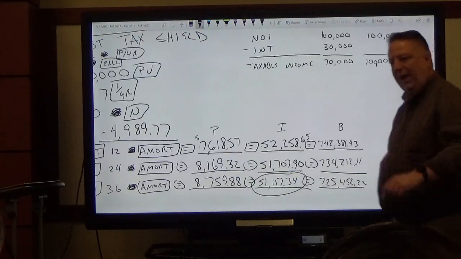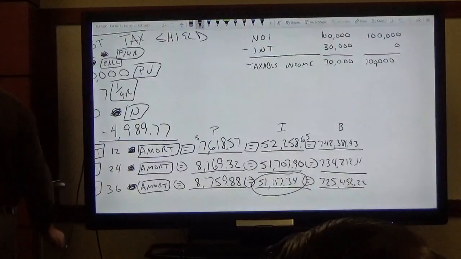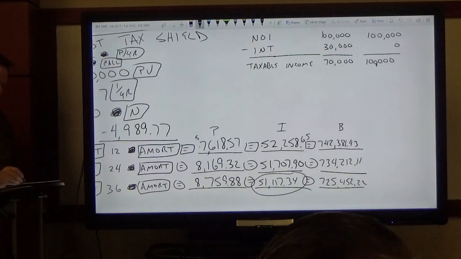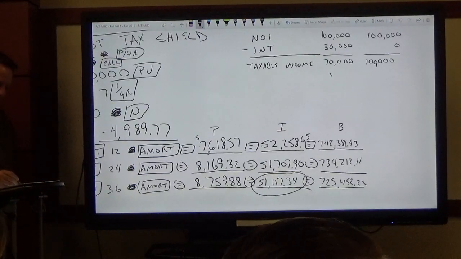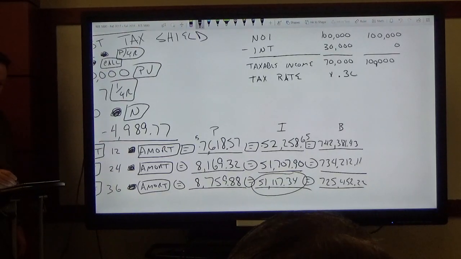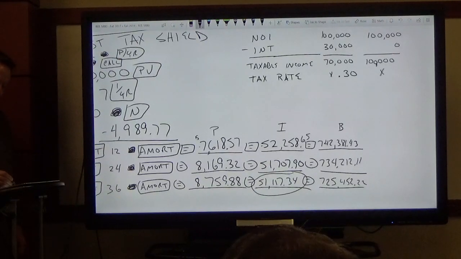Now, a tax credit, after we've got our taxable income, then in essence we're going to multiply that by our tax rate. And so let's say that our tax rate is 30%.